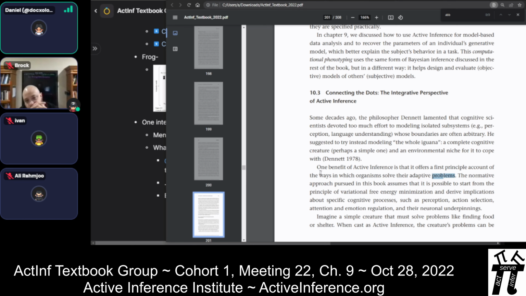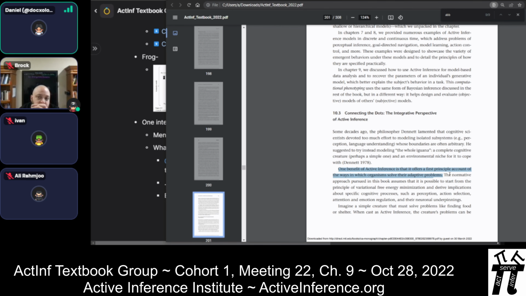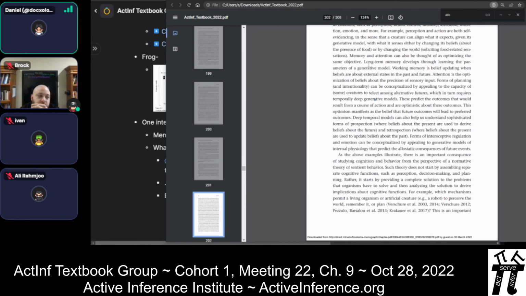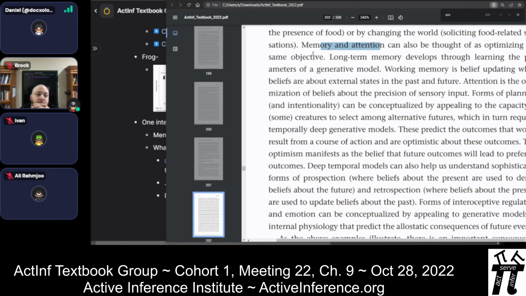Active inference helps with that issue by offering a first principle account of the ways in which organisms solve their adaptive problems. So by framing attention, memory, anticipation under common computational framings and a unified imperative, it's possible to integrate different kinds of phenomena. Memory and attention can be thought of as optimizing the same objective.